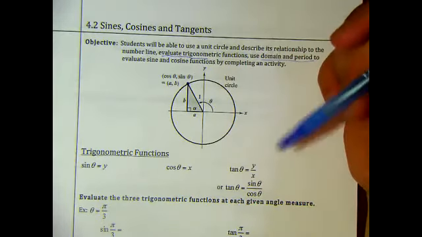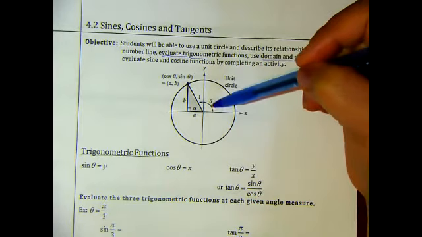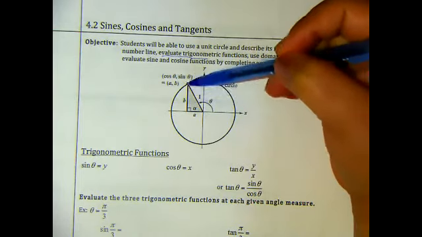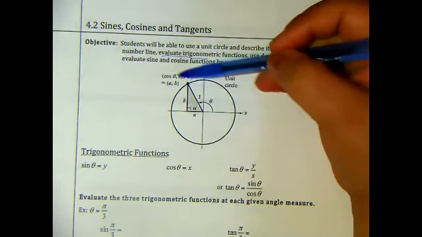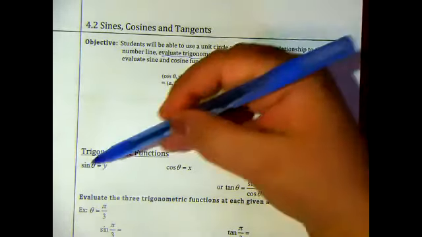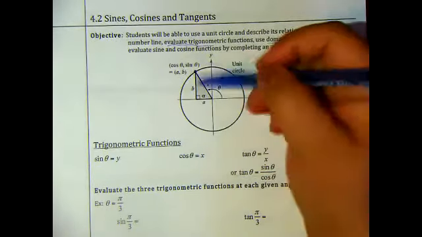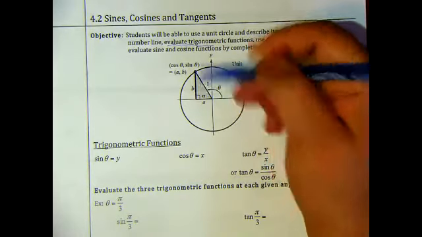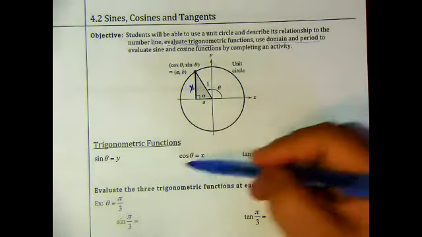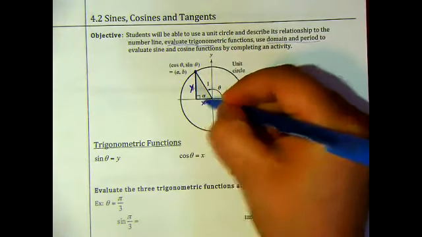So if I know my theta and I know my unit circle, and I know that these values are my x and my y, I can find my sine and my cosine values, where sine of theta is equal to this value here, which is y, and my cosine theta is this value here, which is my x value.